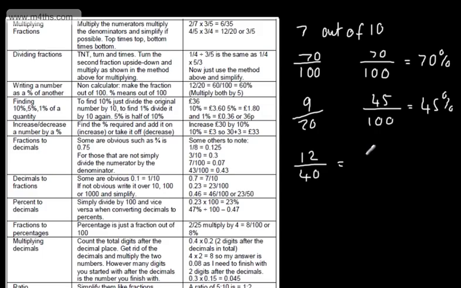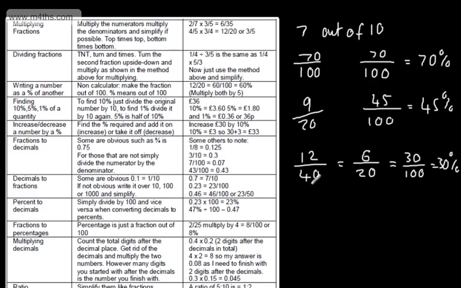So instead, I've got a couple of choices. I'm going to halve this, so I'm going to have 6 over 20. When I say halve it, I don't mean half the value of the fraction, I just mean half of each value. So I know that I need to multiply each of these by 5 to get up to 100. That would give me 30 out of 100, which is equal to 30%.